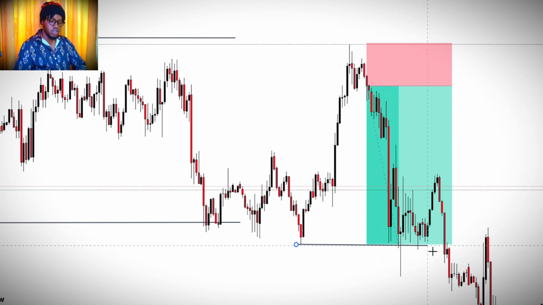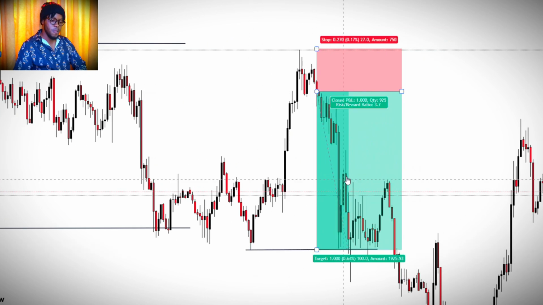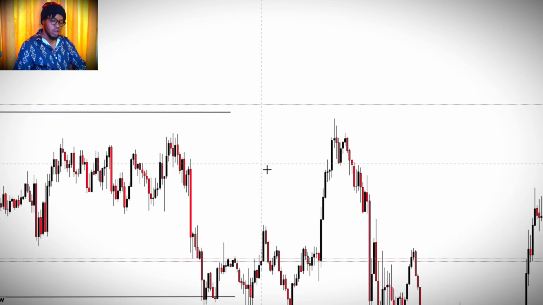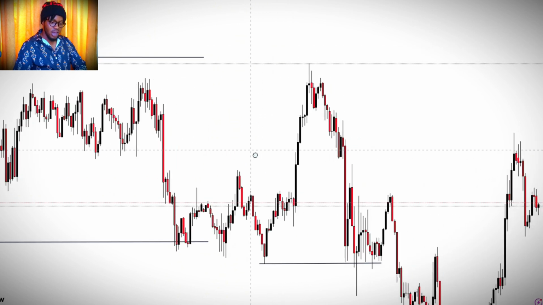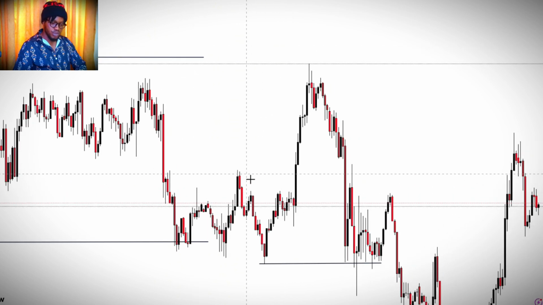I have to make sure it's a straight line so I don't complicate things. Liquidity is below this low here. So after price closed below that and swept liquidity, definitely I had a shift of structure right here.